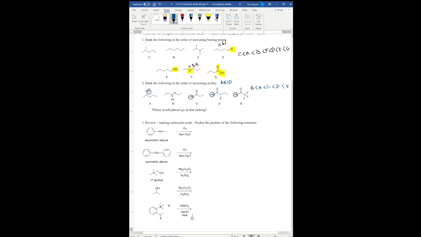Where phenol would go in that ranking is right in between A and C. This is because phenol has one oxygen atom, and there is resonance happening within the structure. However, resonance onto a carbon atom is not as good at spreading charge as onto an oxygen atom.